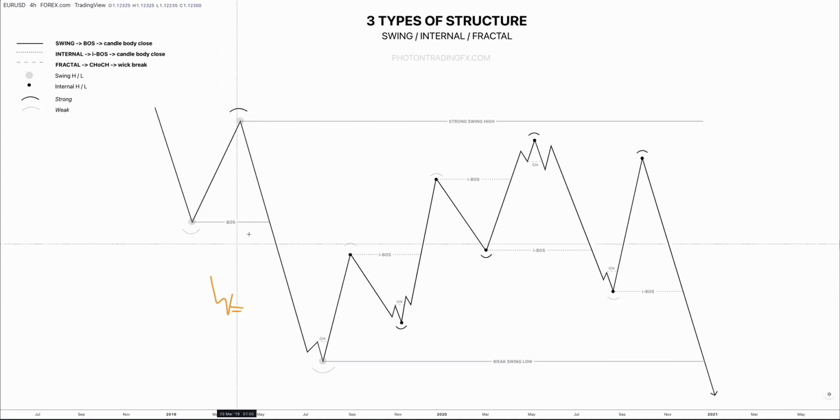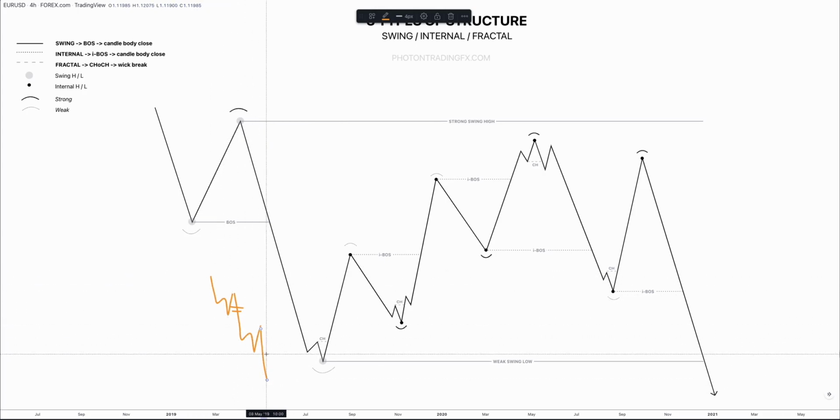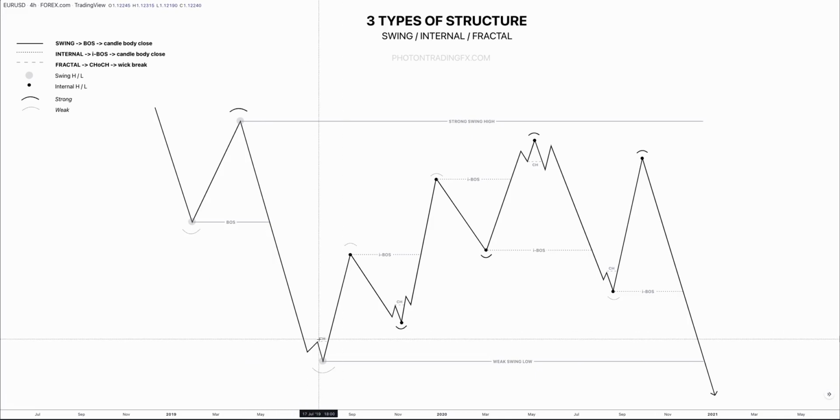But what can often happen, especially if price has a lot of momentum to the downside, is you can get stopped out. And again, we can have another bullish change of character, and then we can look to buy and you can get stopped out. You're trying to catch a falling knife and you keep getting caught out. You're seeing the bullish changes of character, but they're not following through, and the overall swing trend is too strong. And that's why I said change of character is very aggressive and it can catch you out a lot.